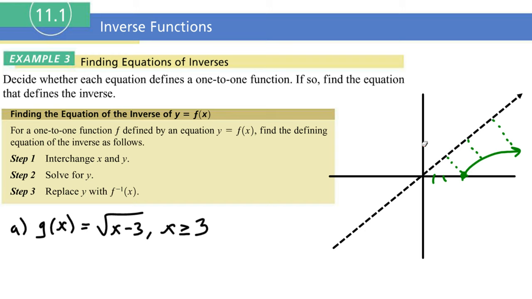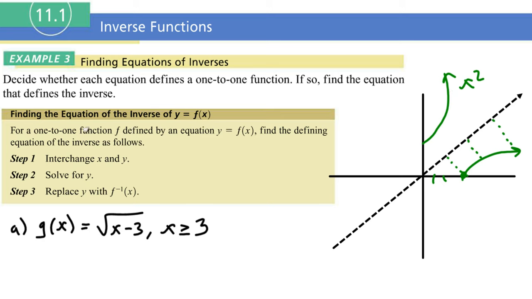In the same way, we should get something that looks something like this then. It should be a mirror reflection, like if this goes here, that goes there, and so forth. So that's what we're trying to find. We're trying to find the equation of what this is right here. And if you look at it, it kind of looks like we should have some kind of x squared, right? It kind of looks like a parabola right now. So let's see what happens here.